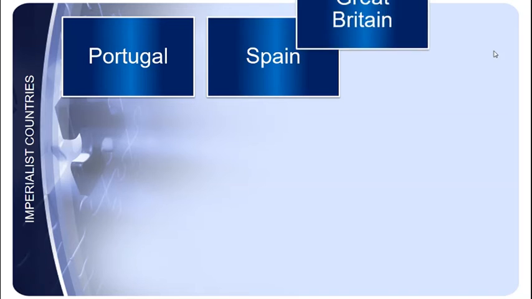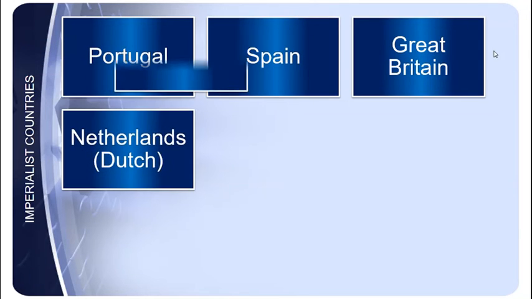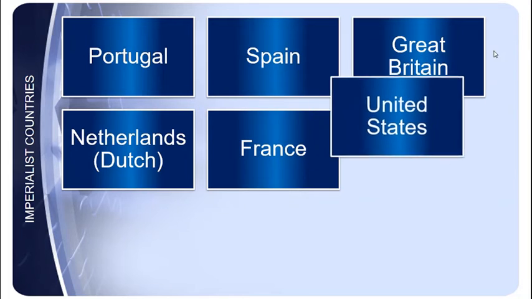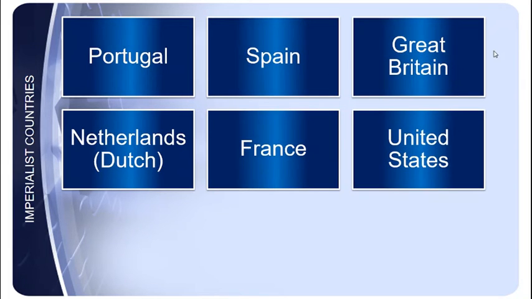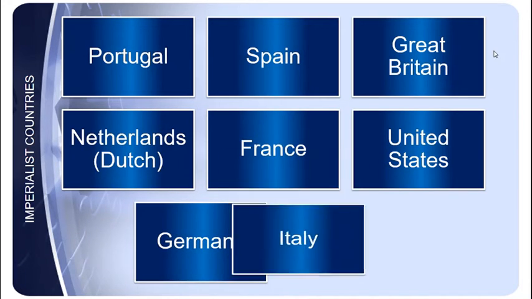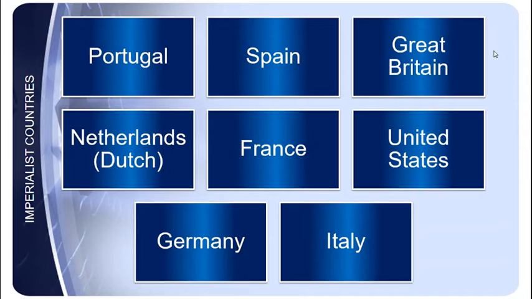So, who are the imperialist countries? We have Portugal, Spain, Great Britain, Netherlands, France, and it was followed by the United States at the end of the 19th century, Germany when they were being unified, and even Italy. Well, most of these particular countries are focused on Europe, rather in Africa.